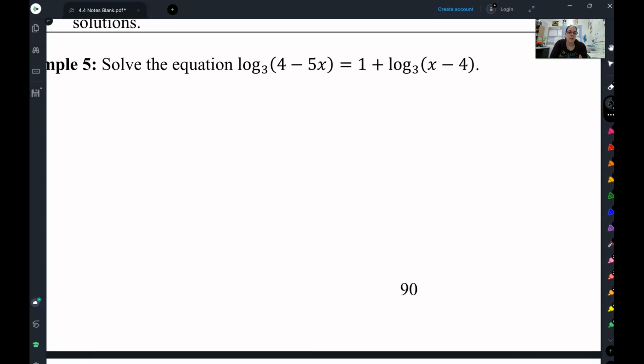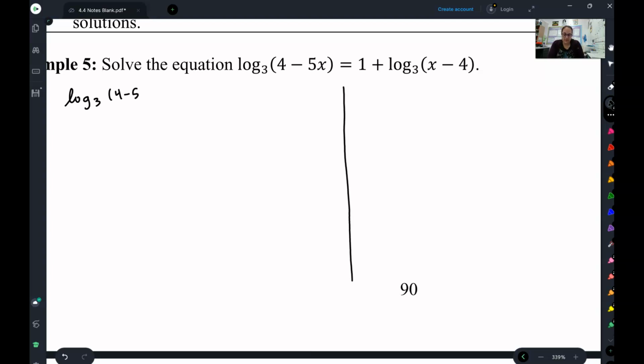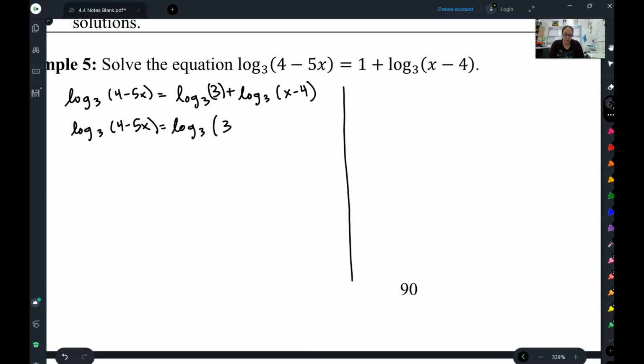Now, this one you could actually start 2 different ways. In the first way, you could recognize that 1, this one right here, is the same thing as log base 3 of 3, if you remember your log properties. And now that these two have the same base, I could change their addition right here into multiplying: 3 times x minus 4.